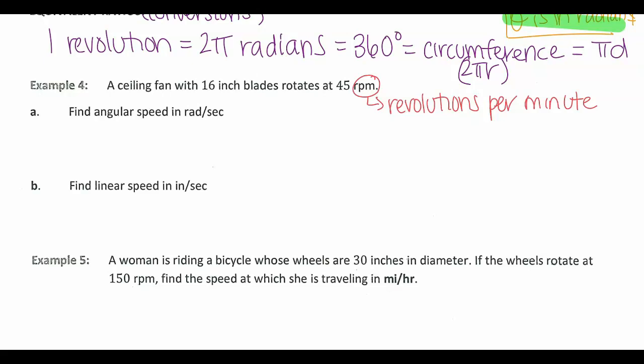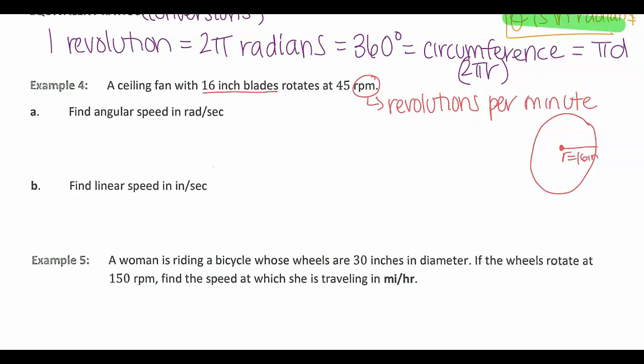Okay, well, let's try to figure out what these 16-inch blades represent. I know it's 16 inches, but what is that? Well, a ceiling fan has the center of it, and each of the sides are your blades. So as it goes from the center out, that's the blade of the ceiling fan. So that's your radius. So 16 inches is your radius.